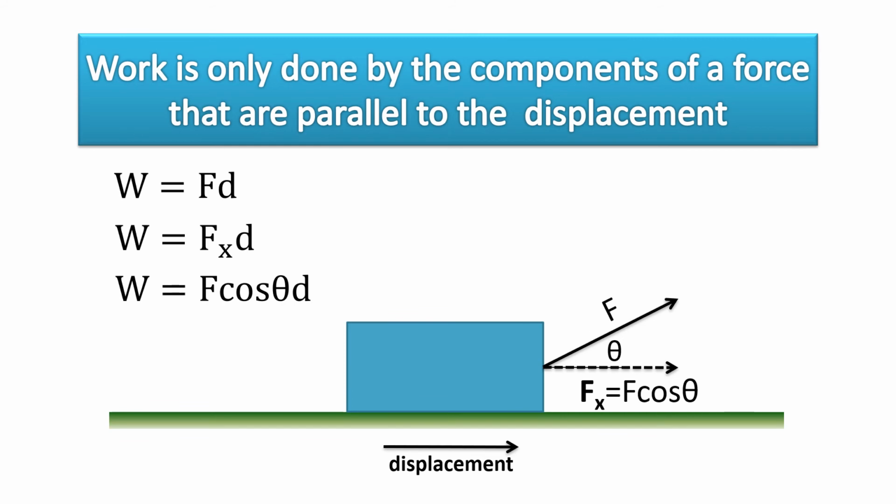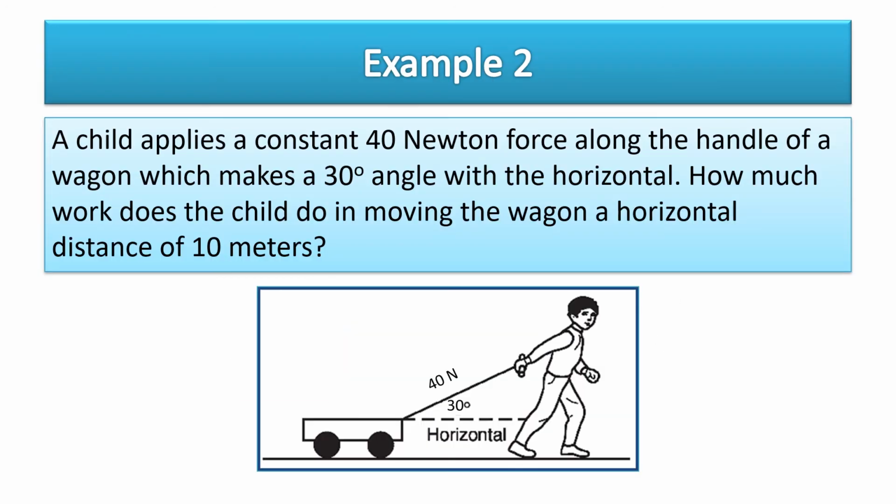But normally people don't write it like this, right? F cosine theta d. That's not cool. We want FD cosine theta. So it's basically the formula times the cosine of the angle when the angle given agrees with the shortcut formula. So typically it will, like this example does.